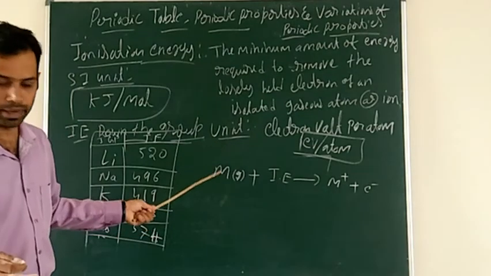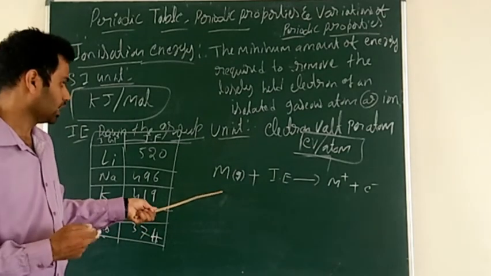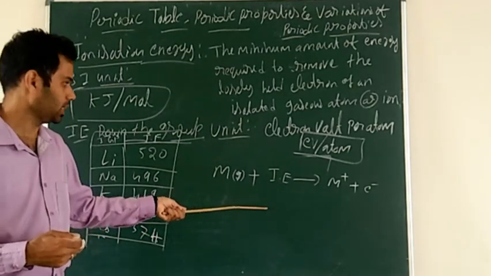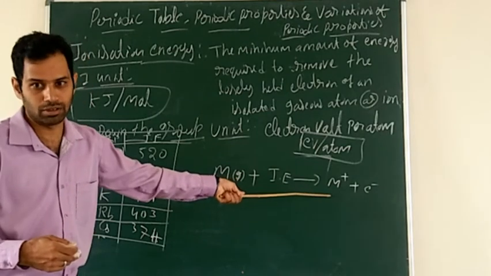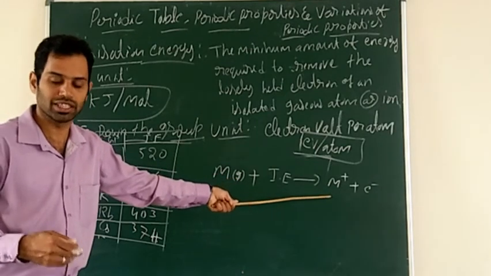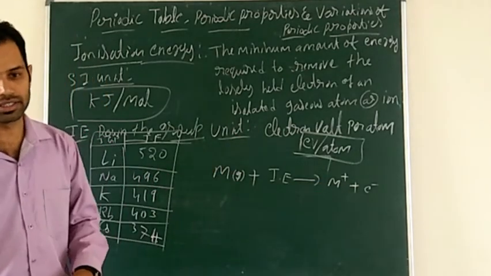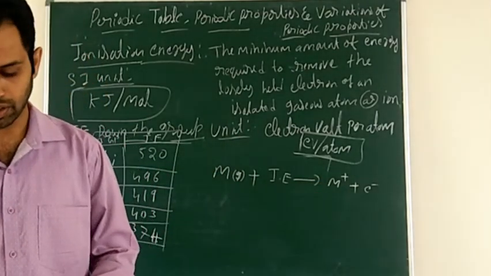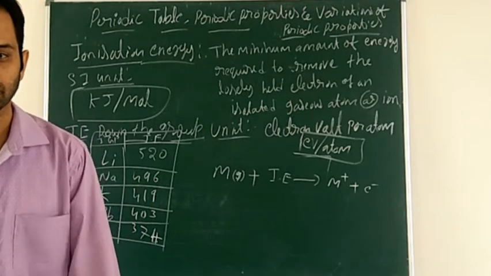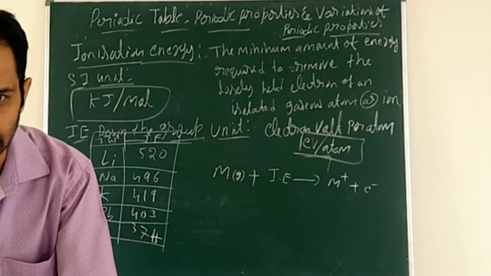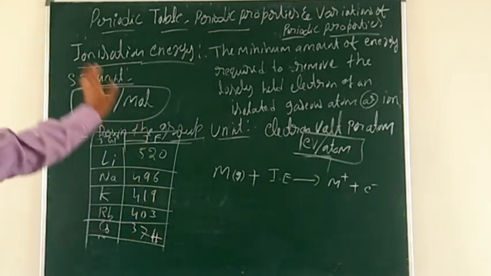M may be any element, and it should be in the gaseous state. If you provide the ionization energy, you get the positive element, that is a metal, and it will release the electron. So this is about the ionization energy.